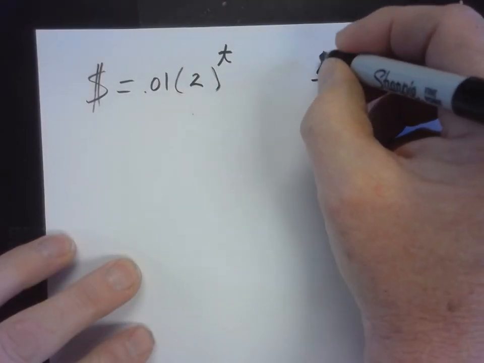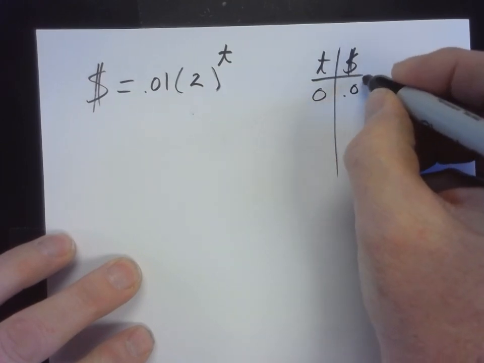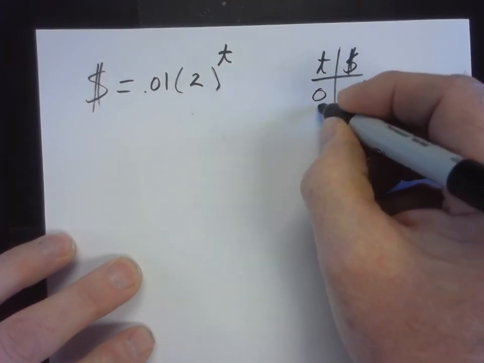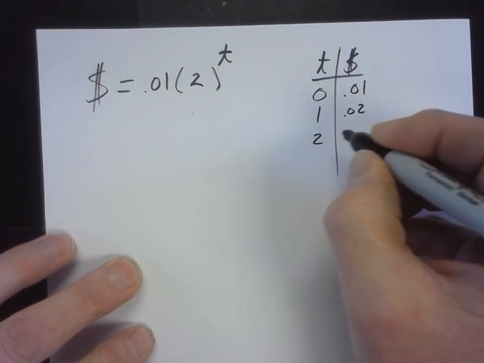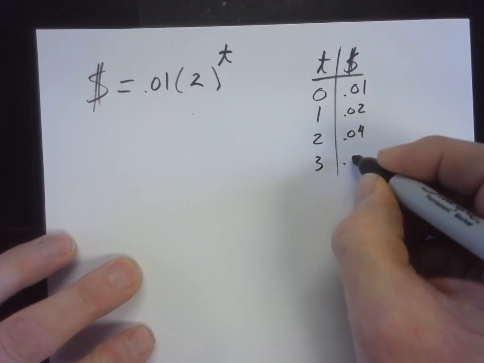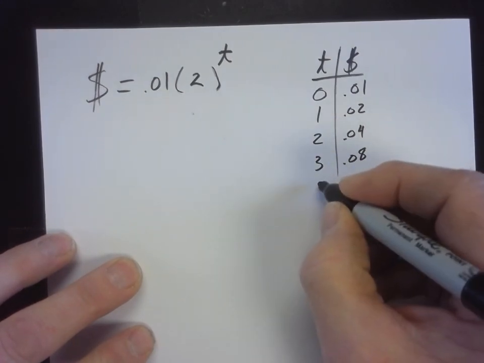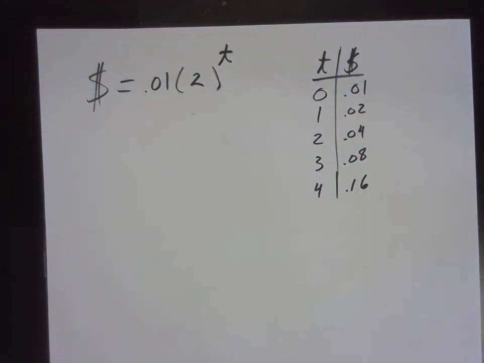Here's time. Here's money. Time 0, 1 cent. Tomorrow you're going to give me 2 cents, and then 4 cents, and then 8 cents. Good. And then 16 cents, and we're just going to do that for a year, and then we're gonna call it.